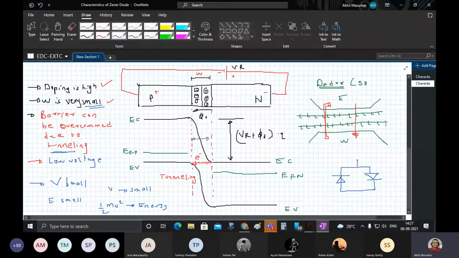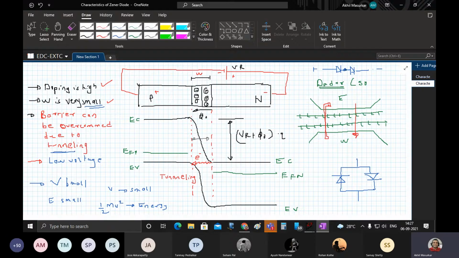Like this is a possible connection. Two back-to-back diodes is forbidden because you don't know the voltage at this point. If you give plus and minus here, this is positive, this side is negative, but what is the voltage at this point? That is floating, so we don't know.